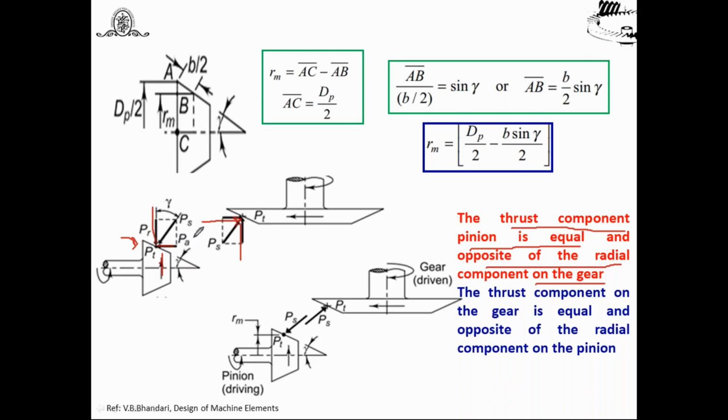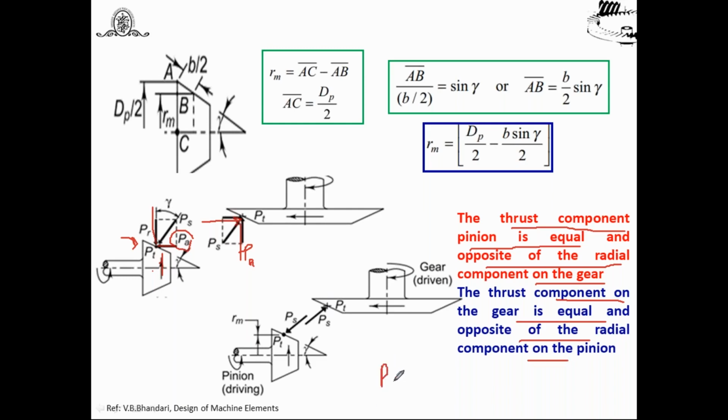That means this PA is the thrust component of the pinion, but it should be equal and opposite to the radial component of the gear, that is PA. Try to understand. Then second, the thrust component of the gear is equal and opposite to the radial component of the pinion, and vice versa.